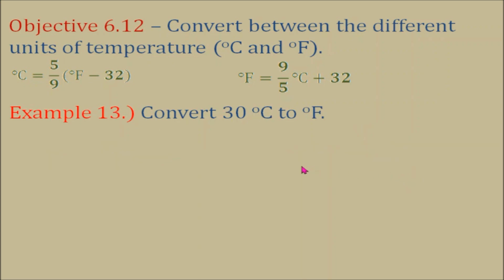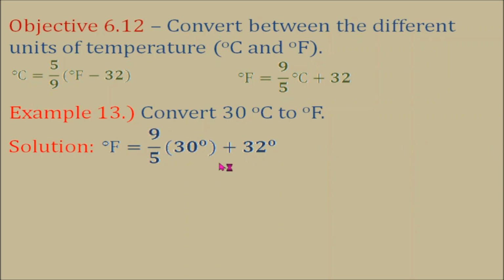Example number 13. Convert 30 degrees Celsius to degrees Fahrenheit. Since we need degrees Fahrenheit, this is the formula that we are going to use. We are going to substitute degrees Celsius with 30. So that means we have degrees Fahrenheit equals 9 over 5 times 30 degrees plus 32 degrees.